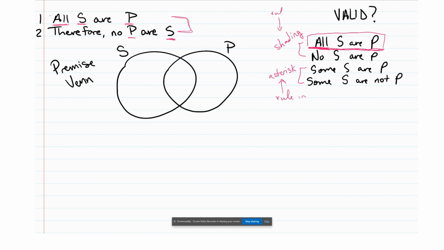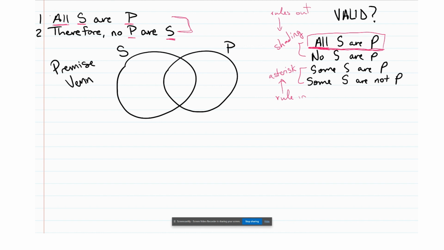Shading rules out a possibility. All right. So since shading rules out a possibility, we have to ask ourselves, what possibility are we ruling out? And the answer is, if all S are P, that means we're ruling out the whole area of S that isn't also an area of P.